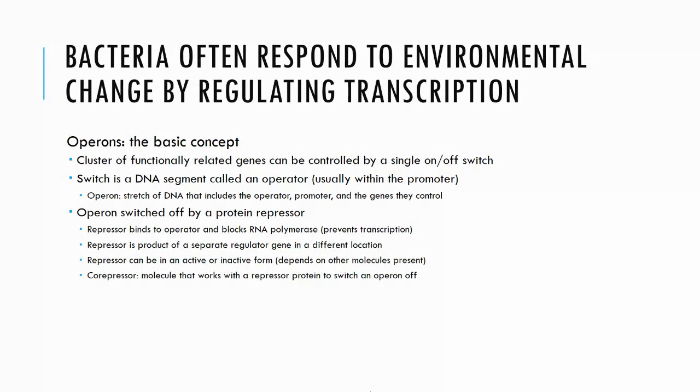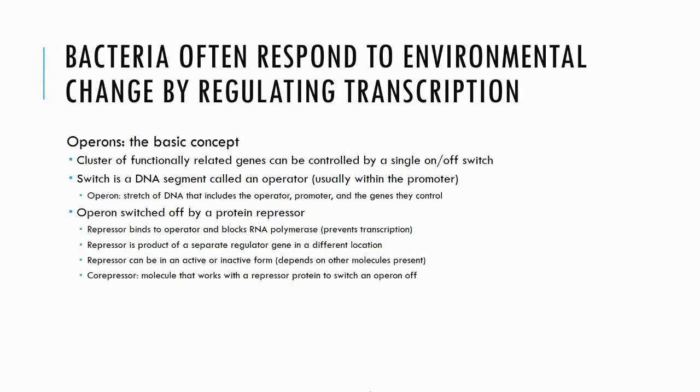So the operon is going to control whether those genes are on or off. The switch is a DNA segment called an operator that's usually going to be found within the promoter region. The operon is the DNA that includes the operator, promoter, and the genes. So the whole thing is the operon, and the operator is the on-off switch.